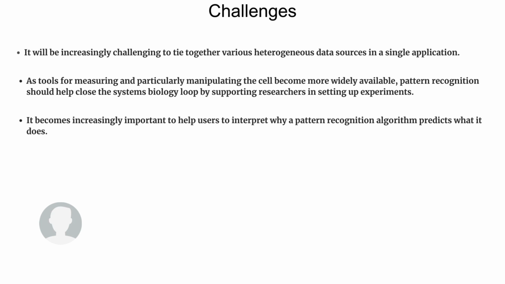Nowadays it is becoming challenging to tie together various heterogeneous data sources in a single application. Pattern recognition algorithms will have to be more robust to missing data. They will have to be better able to deal with various types of data and scalable to many more objects. Given limited storage and bandwidth, algorithms may have to be able to work on compressed or summarized data.